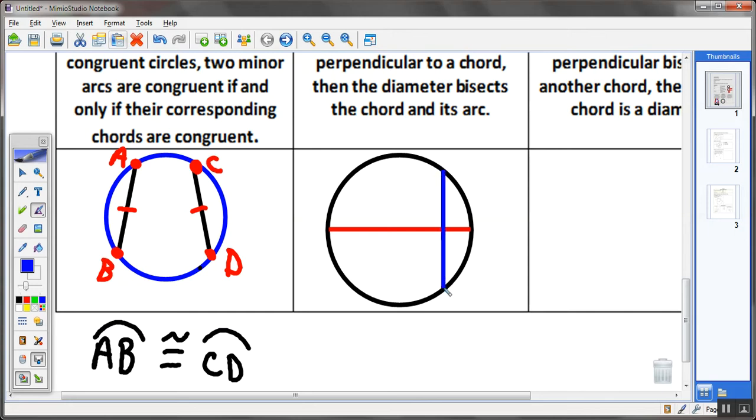Okay, let's label this A up here, and let's label this B right down here. We'll call our diameter CD. Is that okay, kids? What should we call the circle? You want to call it P today?